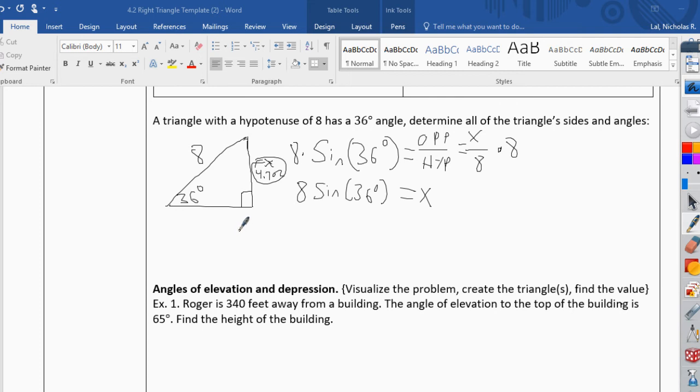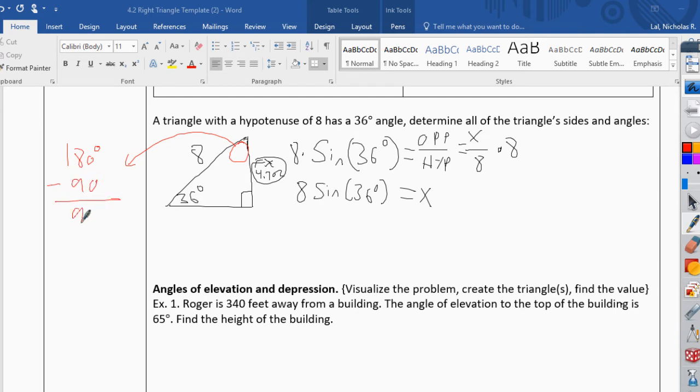So now, we need to find this degree measure. How can we find this degree measure right here? It's a triangle. How many degrees are in a triangle? 180. But what can we take away? 90.